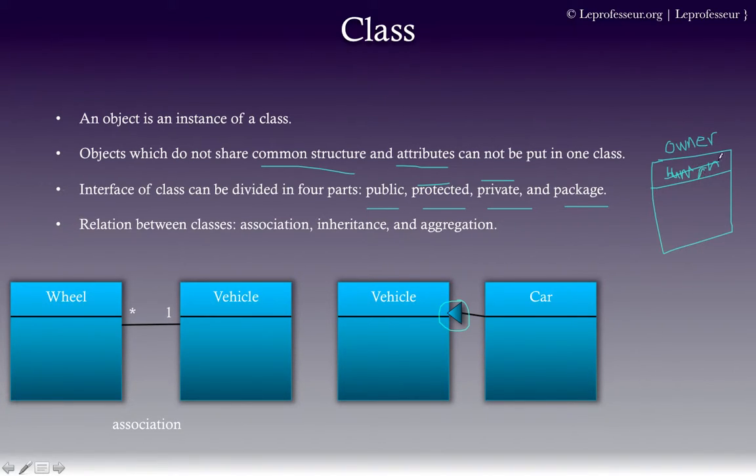So the car is inheriting property from the owner as well, like which owner this car belongs to. So it's a double inheritance, right? In the same way, car may inherit property from another class.